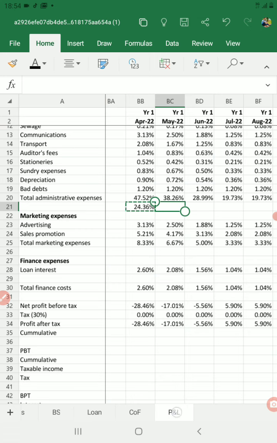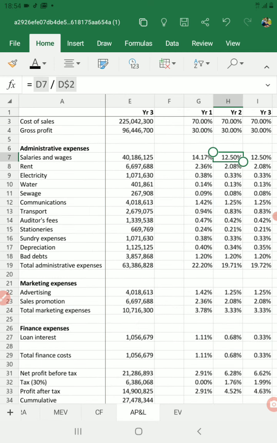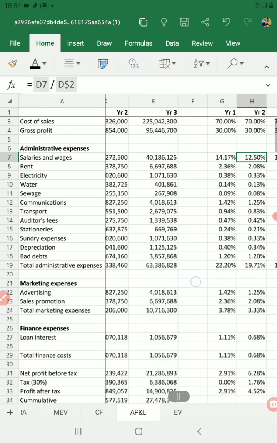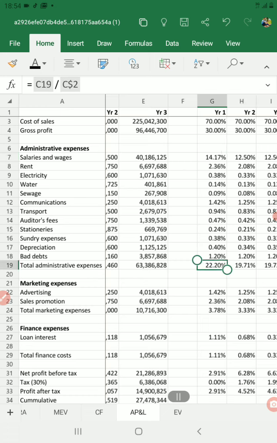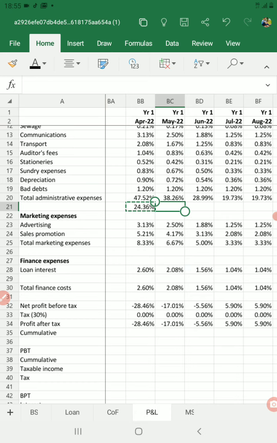For example, if I go to the annual P&L sheet here, we did that exercise of our common size financials, and total administrative expenses for year 1, we got 22.2%, okay, for year 1. And in this case, on monthly basis, we ended up having an average of 24.36%, okay?